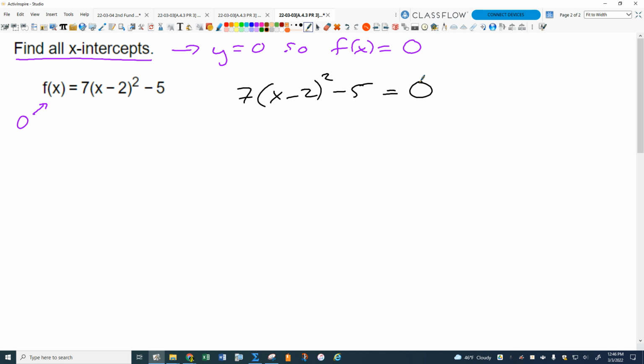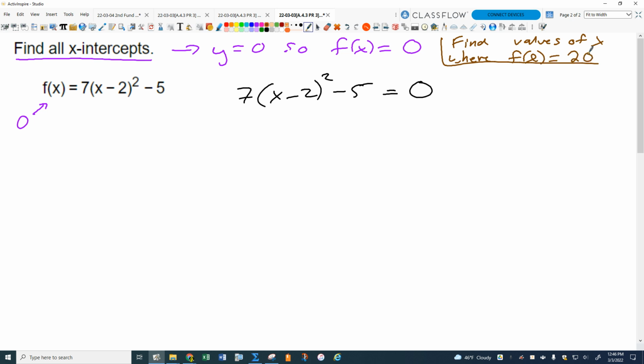What if I had changed the directions on this and I had said, find values of x where f of x equals 20?